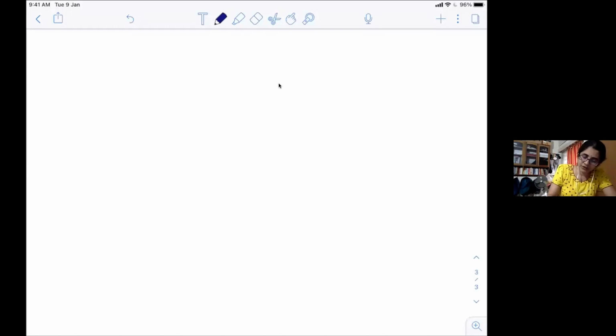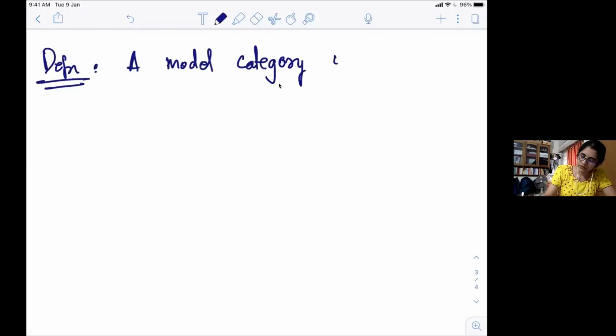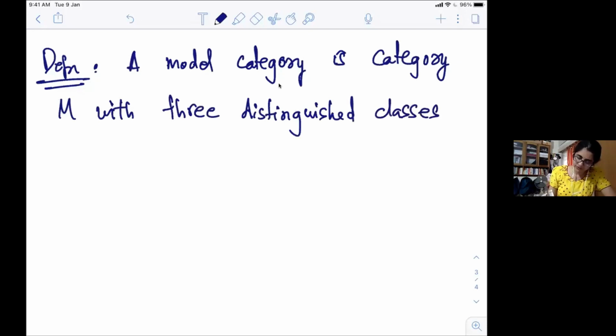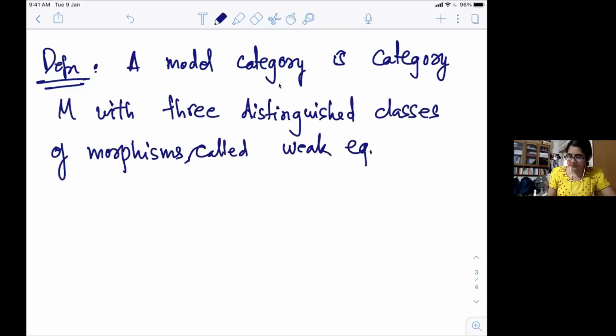Definition: a model category is a category M with three distinguished classes of morphisms called weak equivalences, cofibrations, and fibrations.